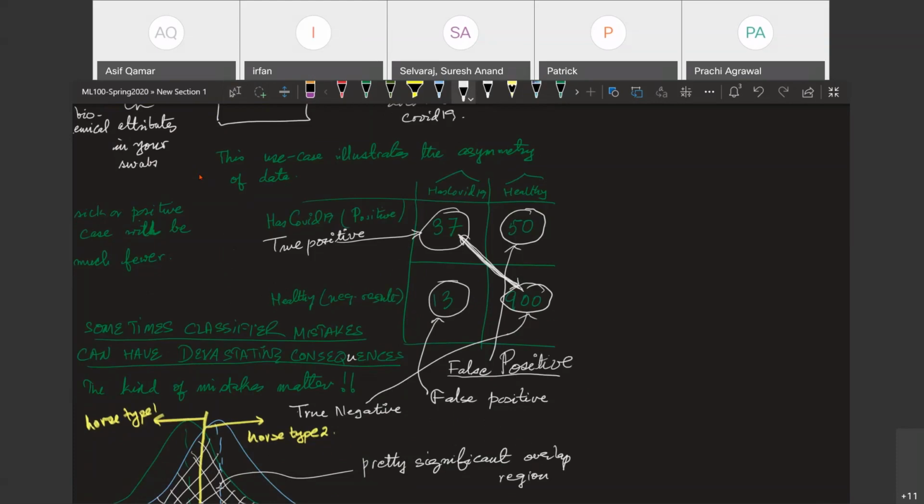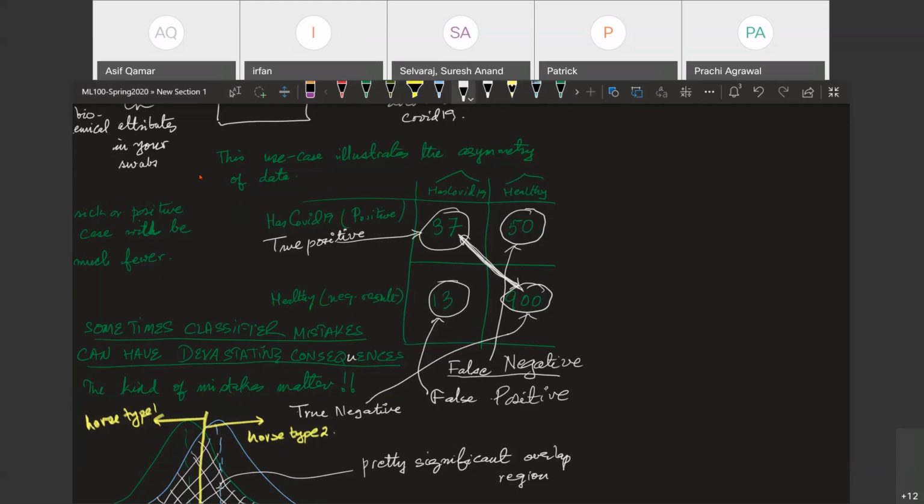A healthy person being flagged is a false positive. Hang on, false negative. No, no, this was right actually. I apologize. When you miss a positive person, it's a false negative. So it was correct, and this is a false positive. It means you marked a positive case as negative, and that negative is false.